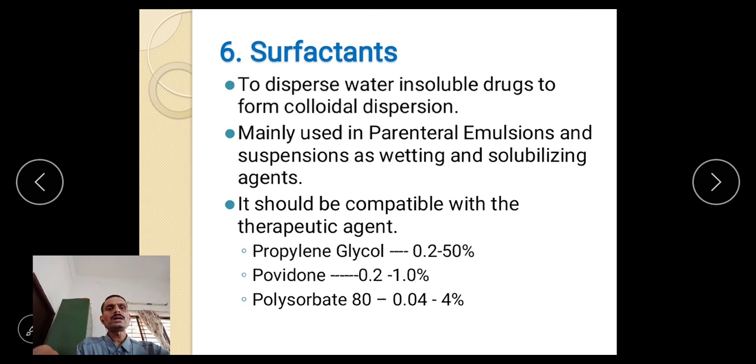They should be compatible with the therapeutic agents. Widely used are propylene glycol, povidone and polysorbate 80. These are the various surfactants used to enhance the solubility and disperse the particles in emulsions and suspensions.